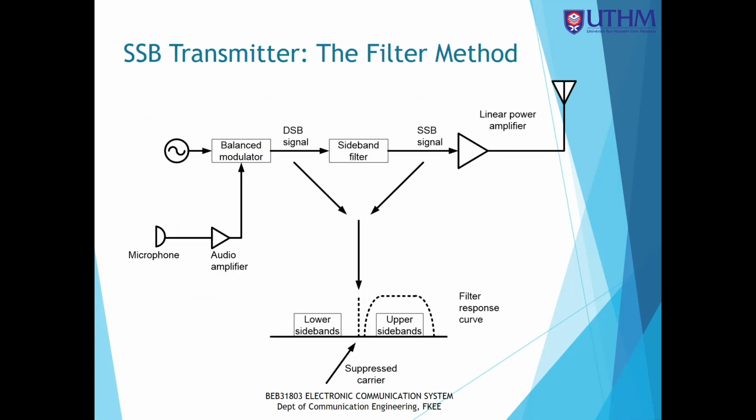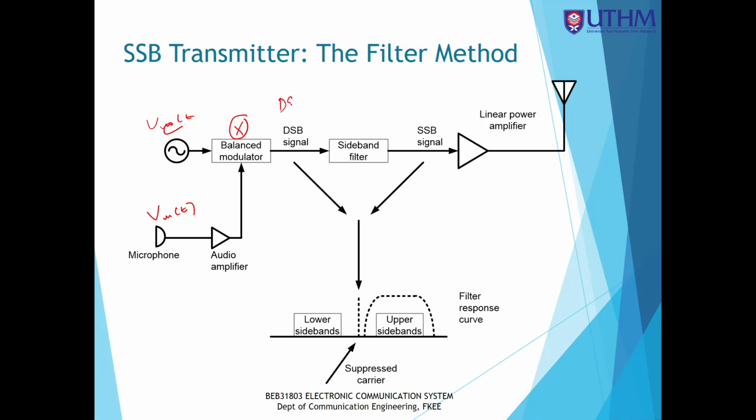In this filtering method, you see that the input here is VCT, and this is VMT, put inside the balanced modulator. The balanced modulator will produce a double sideband suppressed carrier.